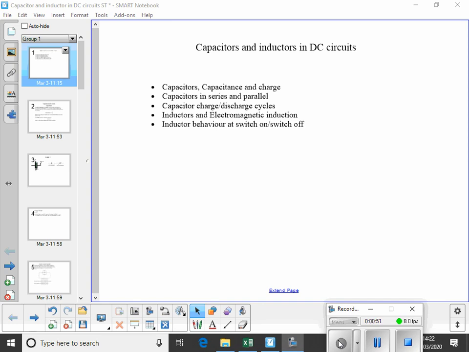Inductors and electromagnetic induction, which you know a little bit about because you had a look around that when you did your science assignment. And then how inductors behave at switch on and switch off, which is similar to capacitors but different. Alright? So that's the plan anyway.